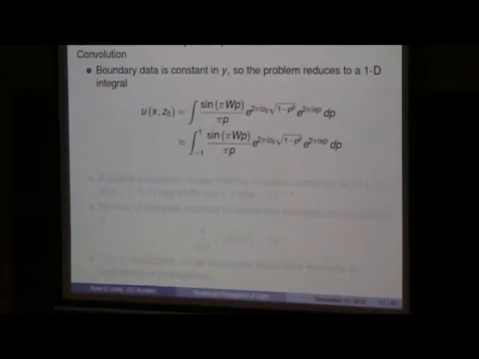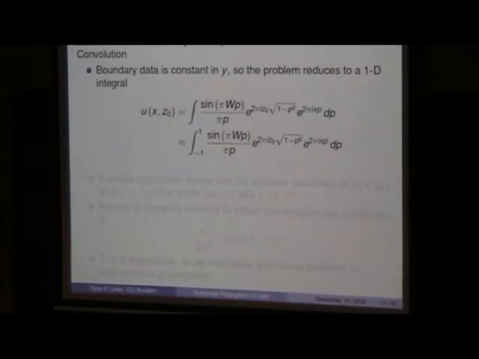To get a handle on that, let's estimate the number of samples that would be required to obtain an accurate solution. Because that boundary data is constant in y, the problem reduces to the evaluation of a one-dimensional integral. You can show in this case that the evanescent waves aren't significant, so you can replace the infinite limits of integration by -1 to 1.